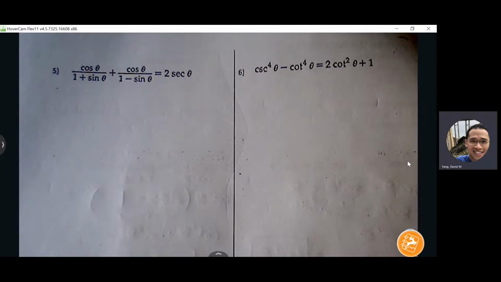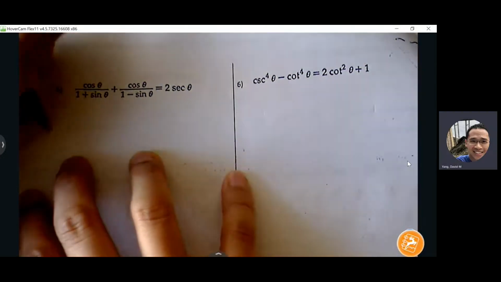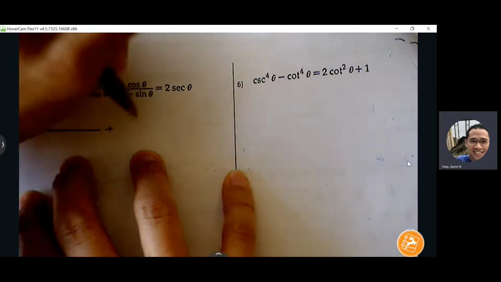Okay, 5. What do you think? First step: common denominator. Okay.